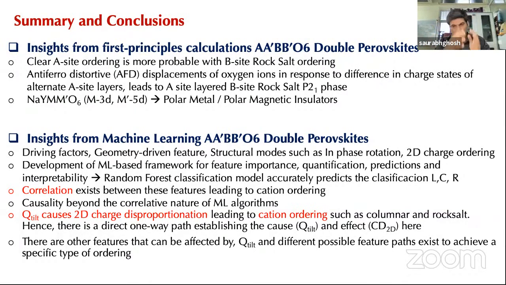We were able to rank the features that are important for a clear classification between layer, rock-salt, and columnar ordering. But we didn't stop there. We went beyond, and now we are trying to understand the causal behavior of this cation ordering, what is the cause and what is the effect, so that we can precisely tune the ordering in AA', BB'O6 double perovskites.